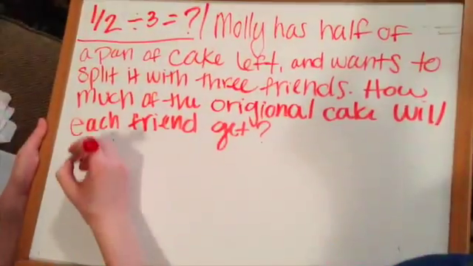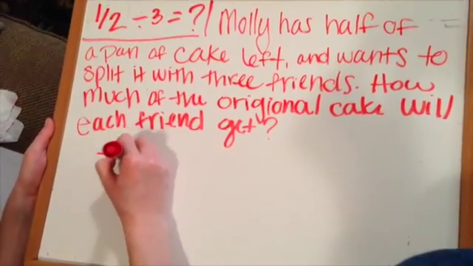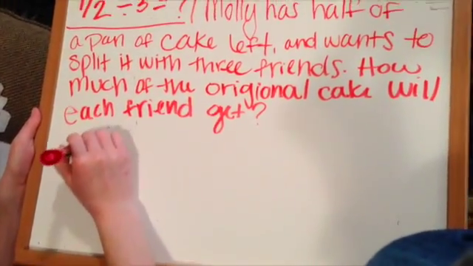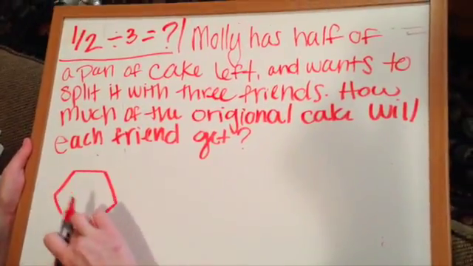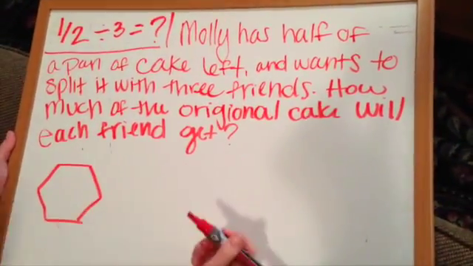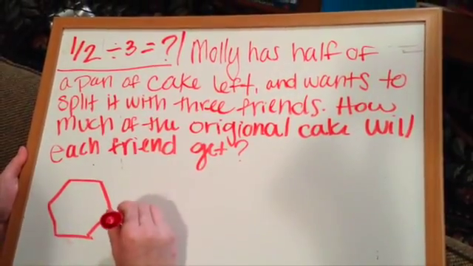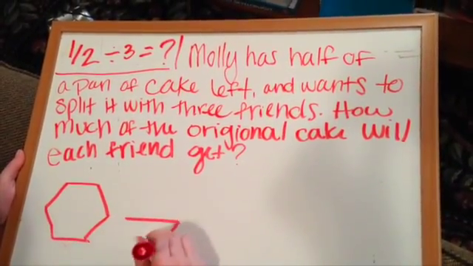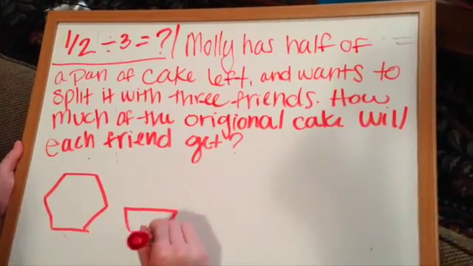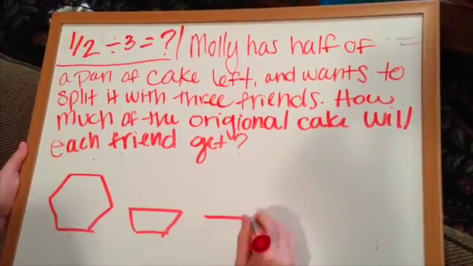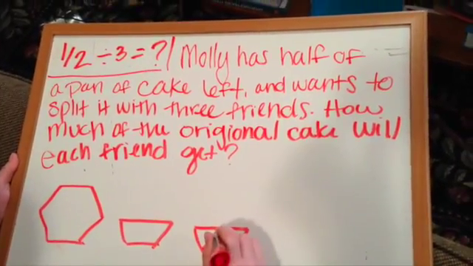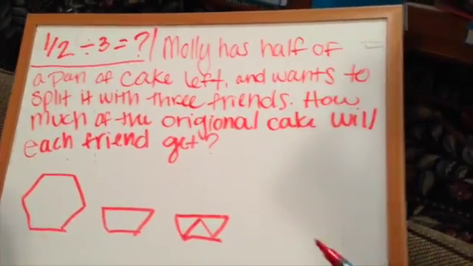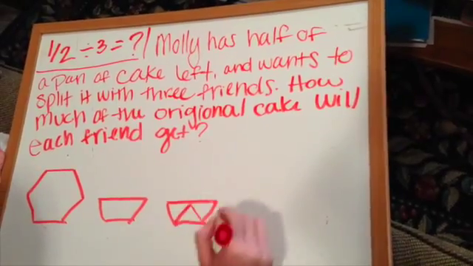Okay, so now we will be demonstrating it with the pattern blocks. So once again, I'm showing you what a whole looks like. And this is a half. Now once we split that into 3, it'll look something like this. So this is what was shared.